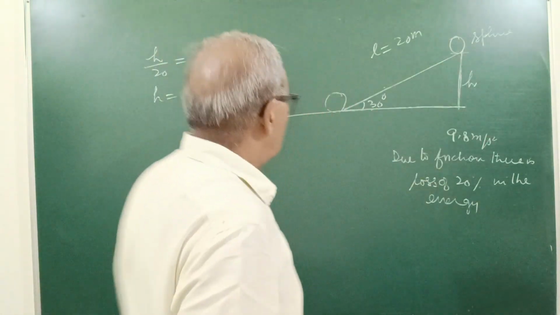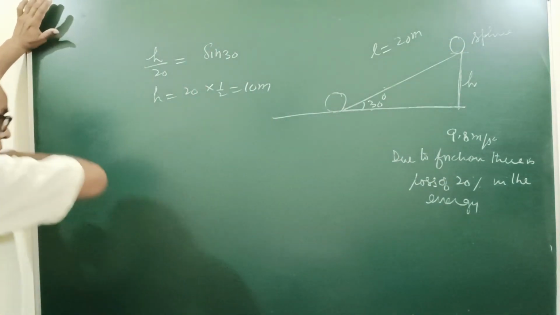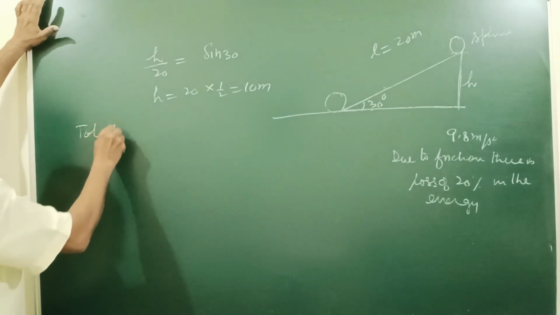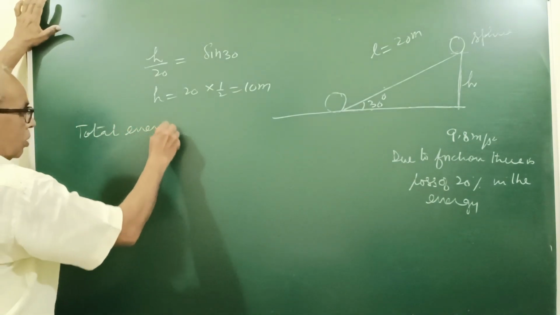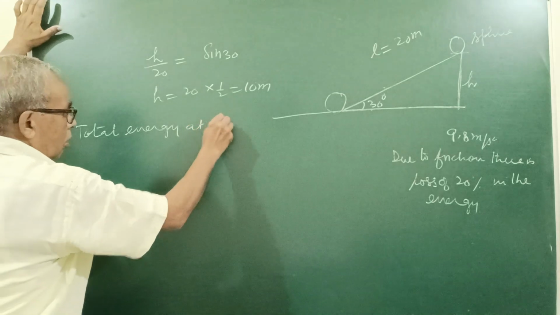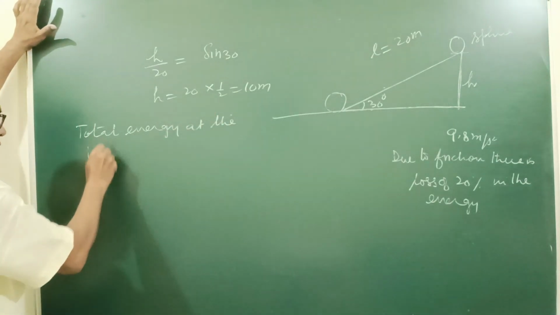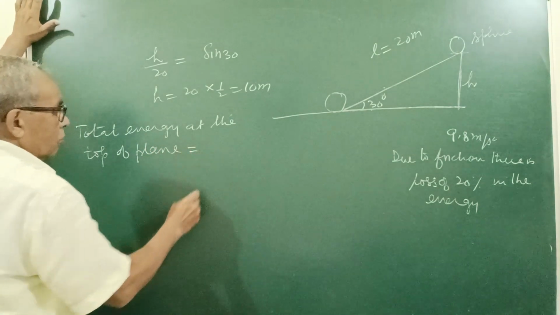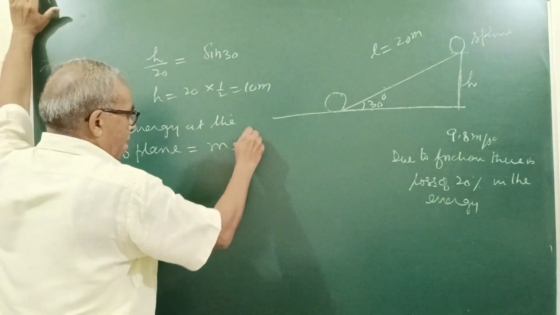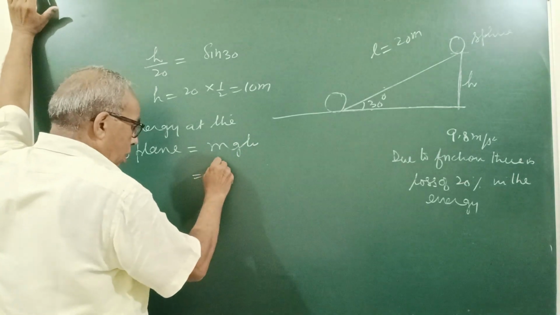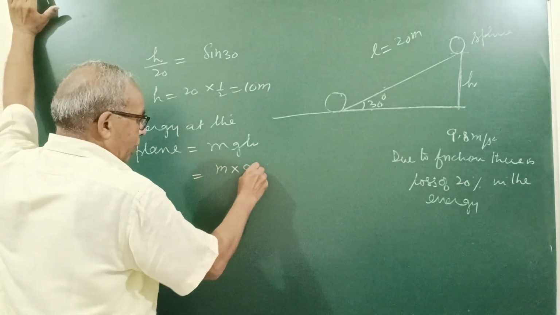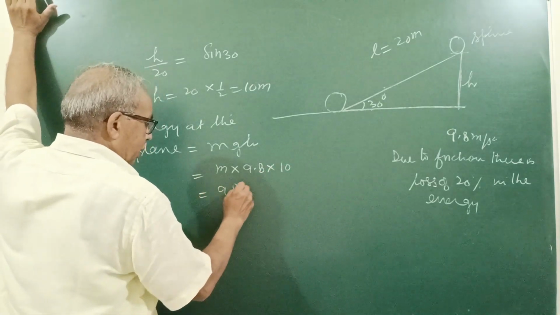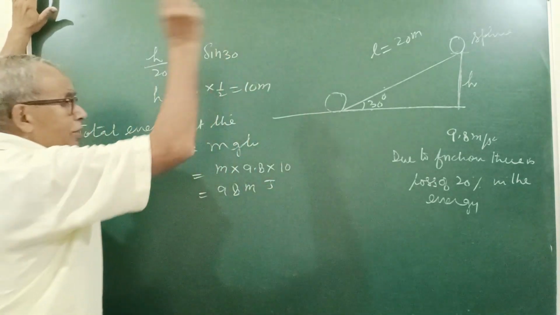So total energy at the top of the plane is equal to mgh, M into G 9.8 into H 10, so it is 98 M joule. M is the mass.